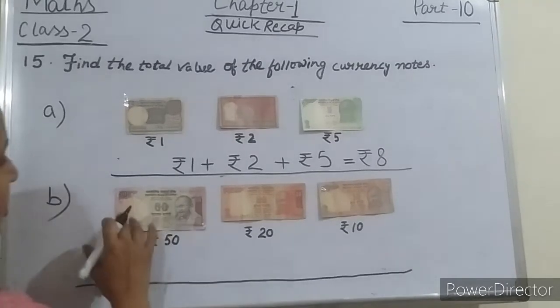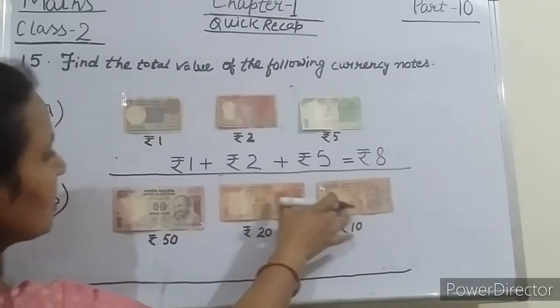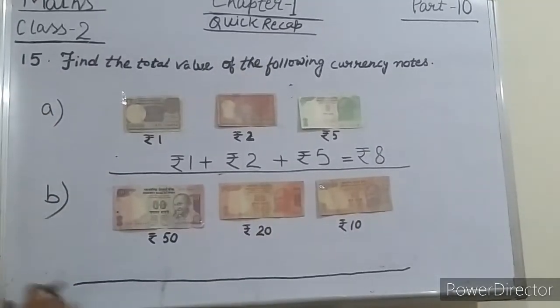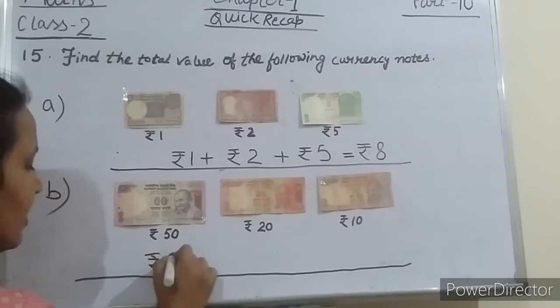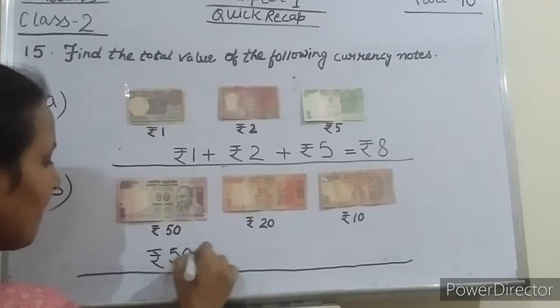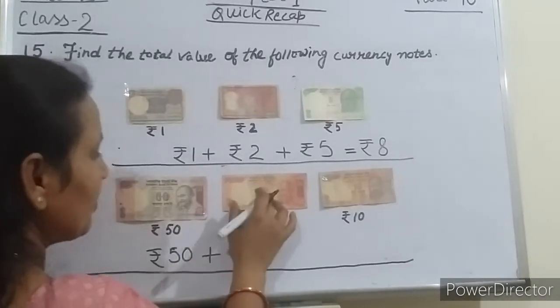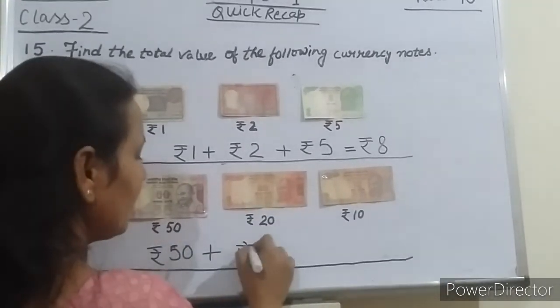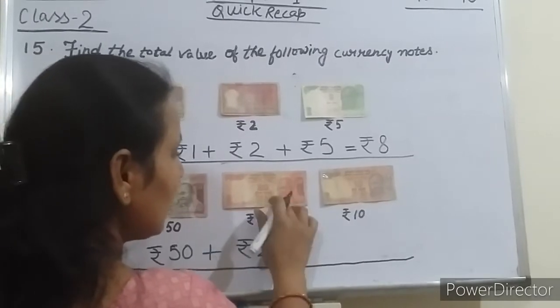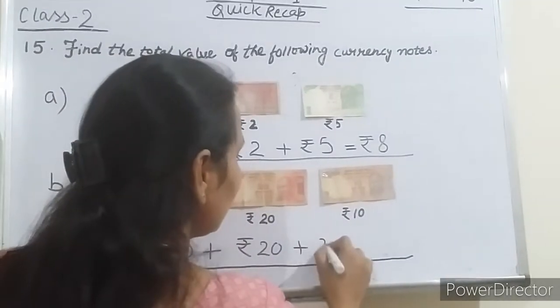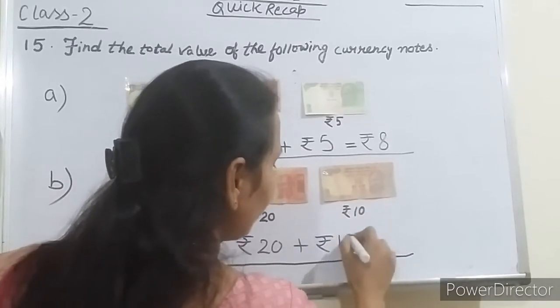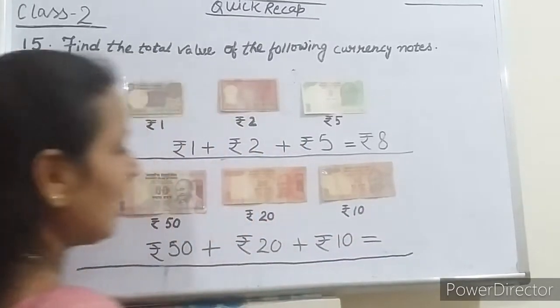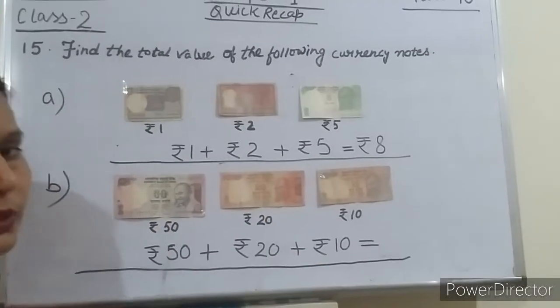So, students, for this also you have to do the same process. Here, see, again you have to find the total value of these currency notes. So, how you will find? Again you have to write here rupees 50, for this, rupees 20 for this currency note, and plus rupees 10 for this currency note. And what we have to do? Again we have to add these currency notes.